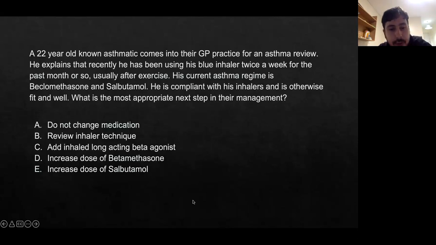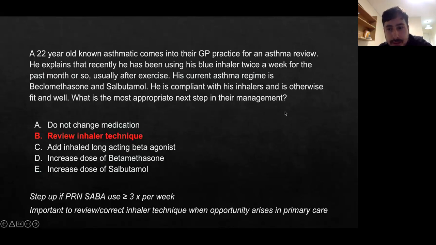Excellent. We have a correct answer of B. Now, this is one of those questions that wants to catch you out because it's the simplest answer, which is first, which is review inhaler technique. You want to make sure they're taking the inhaler correctly. UCL love it because they want to make you behave like better doctors. So first, you'd review the inhaler technique to make sure they're optimizing the medication they are taking.